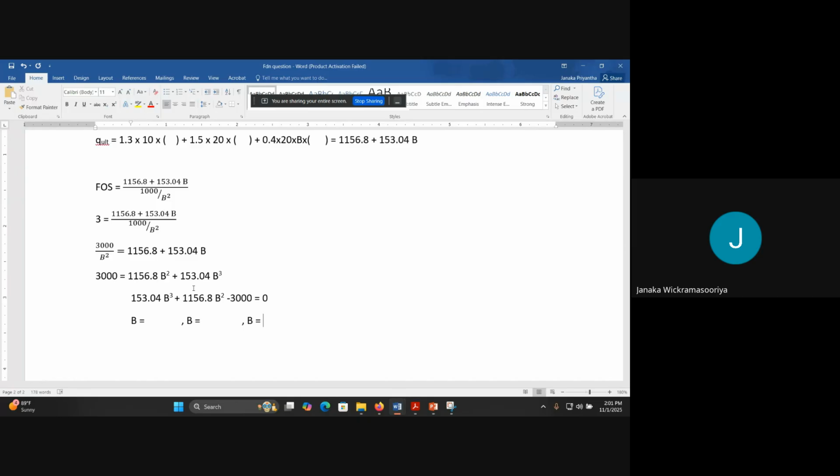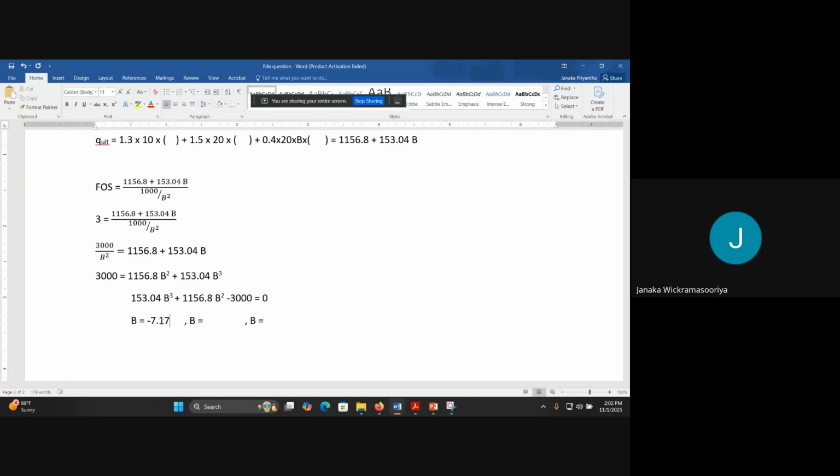So I have got 3 values. First one is minus 7.17.